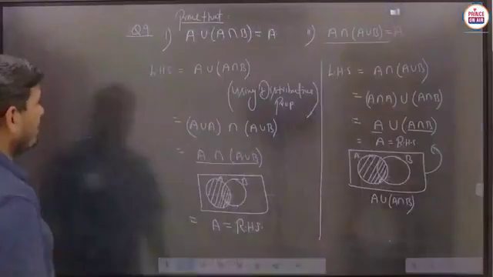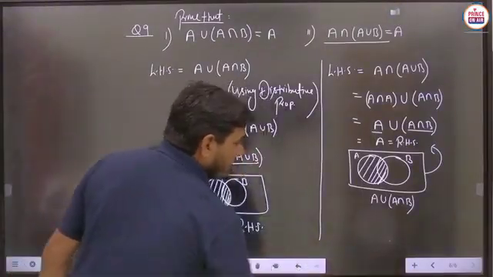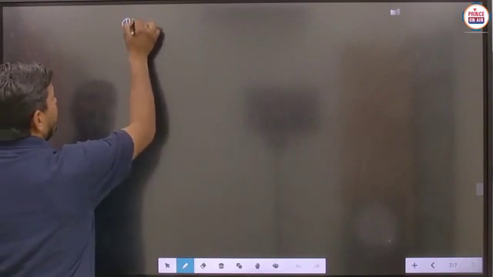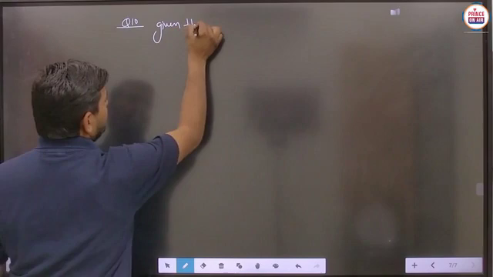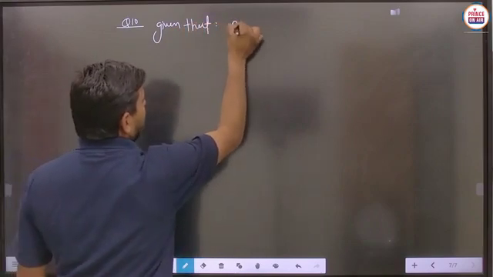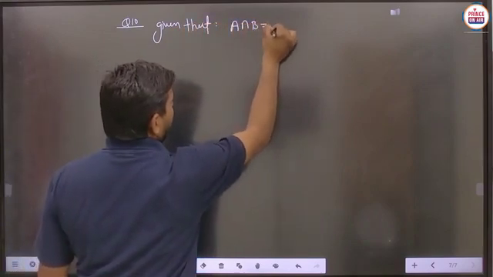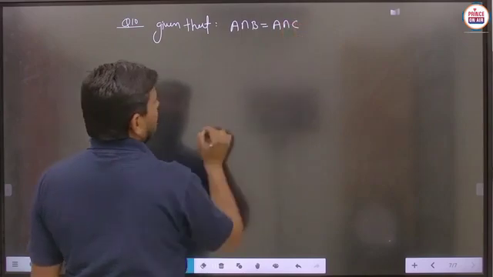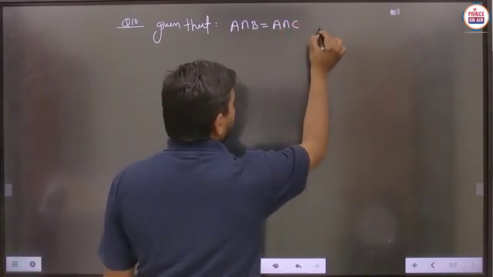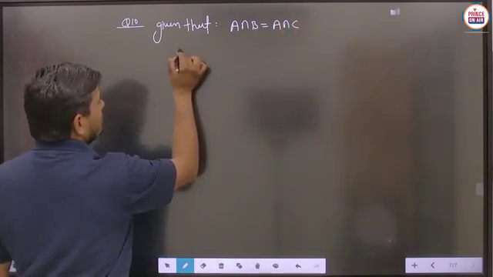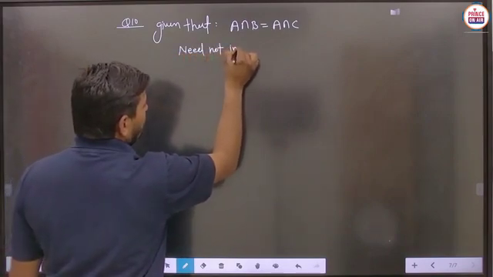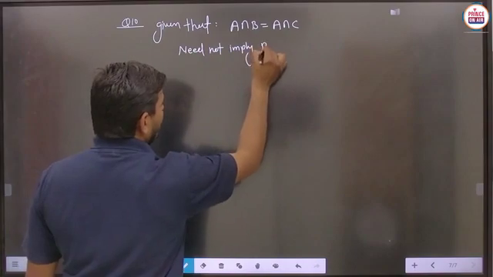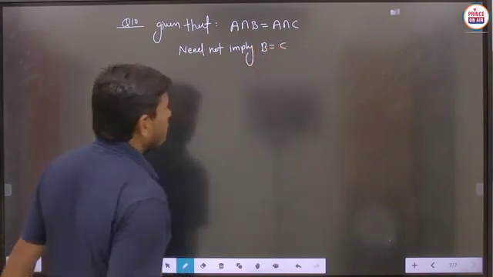A very basic part is asked here. In this question number 10, it is given that A intersection B equals A intersection C, and this need not imply B equals C. Is it clear?